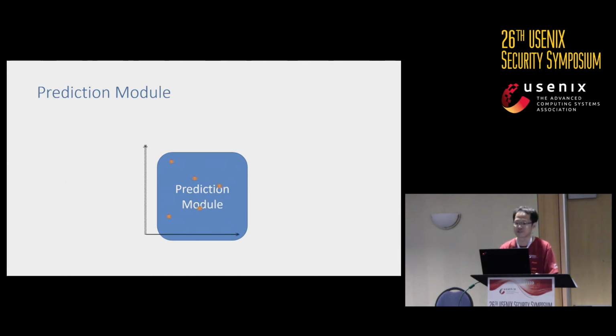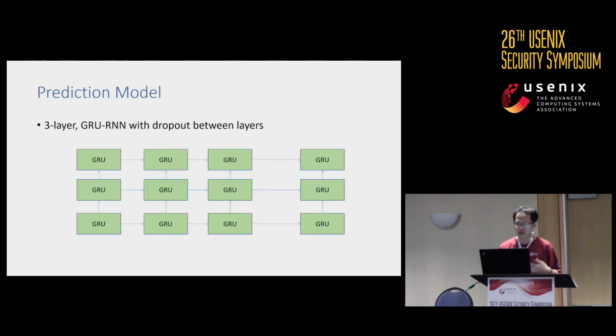EKLAVYA's prediction module takes a function in the form of a sequence of real-valued instruction vectors like what you have seen previously, and makes the prediction on the number of arguments and the types of arguments. The prediction module is a 3-layer single direction forward GRU RNN with dropout between the layers. It's a pretty standard RNN model.